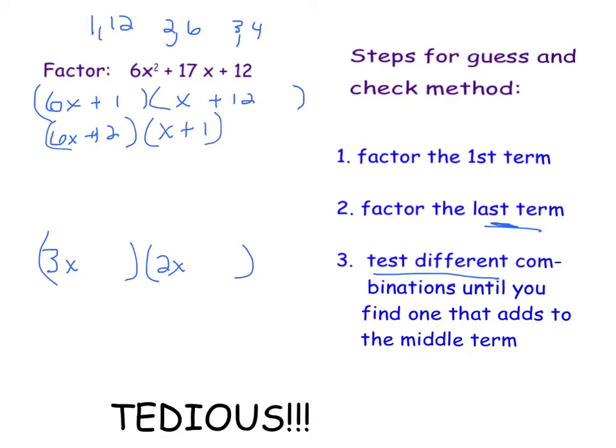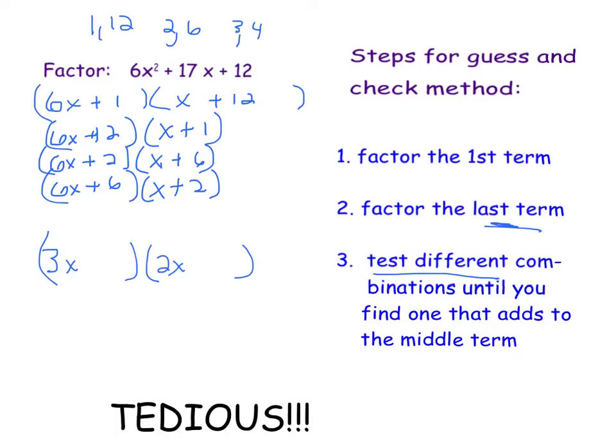Keeping with the 6x and the x, we could have 6x plus 2 times x plus 6, or we could have 6x plus 6 and x plus 2. And again, the reason we can have these, we don't know which one is right, but all we did was we know that our first term is 6x squared, so 6x times x is 6x squared every time we get that first term.